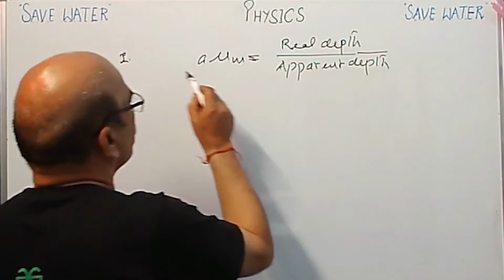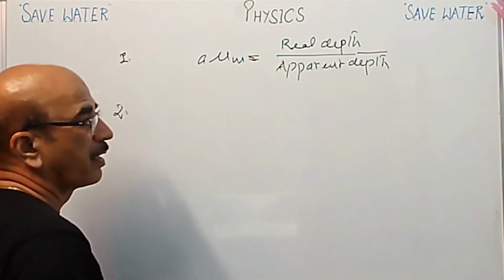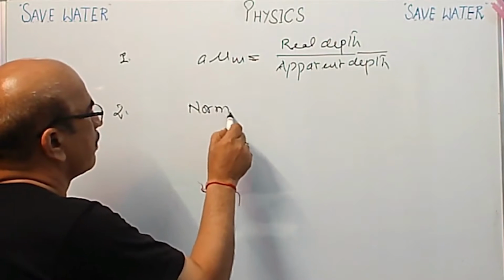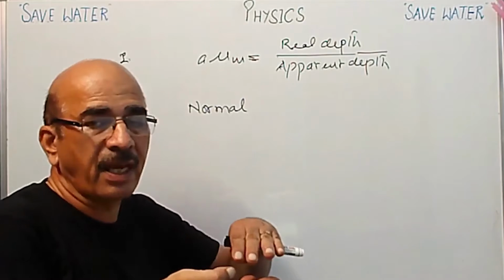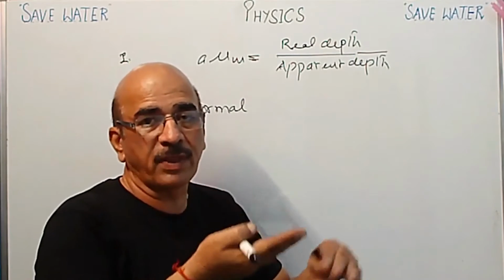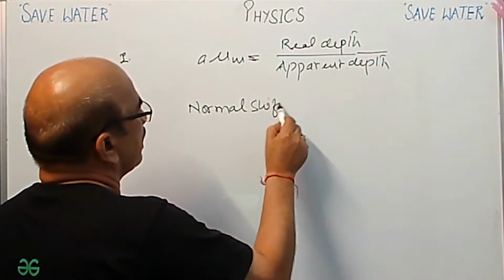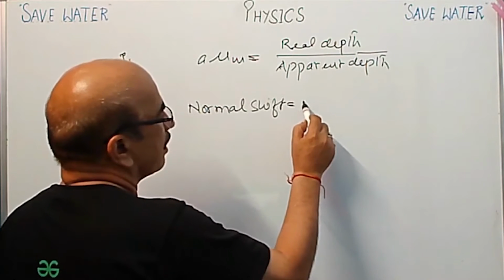Okay, so this is one formula we discussed, and the second formula was normal shift. How much the object appears raised from the bottom. So normal shift is equal to, what do we write here?